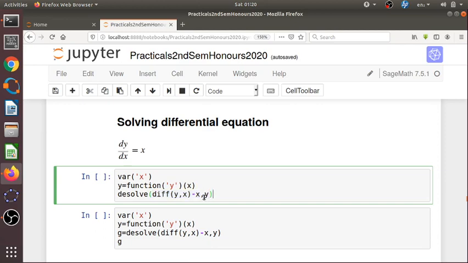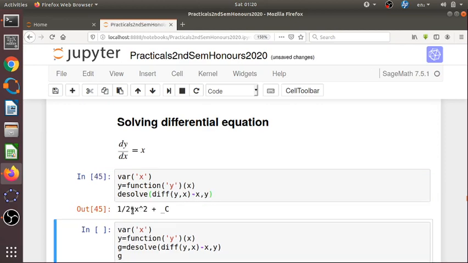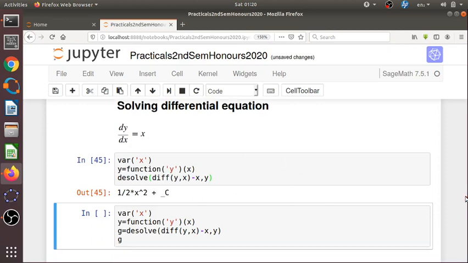If you press shift enter, you get the solution: y is equal to half x square plus c. As you can see, dy equals x dx, and integrating both sides, y equals x square by 2 plus c. This is the solution we have obtained.